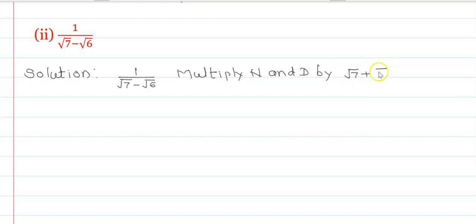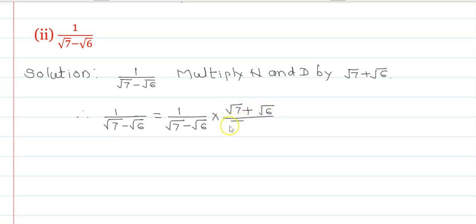Root 7 plus root 6, and therefore 1 upon root 7 minus root 6 equals 1 upon root of 7 minus root 6 into root of 7 plus root 6 upon root of 7 plus root 6, and that equals 1 into root of 7 plus root 6, keep it as it is.